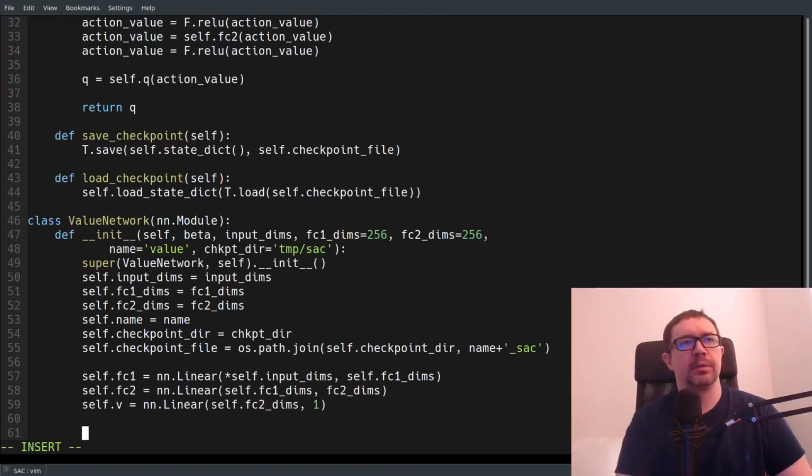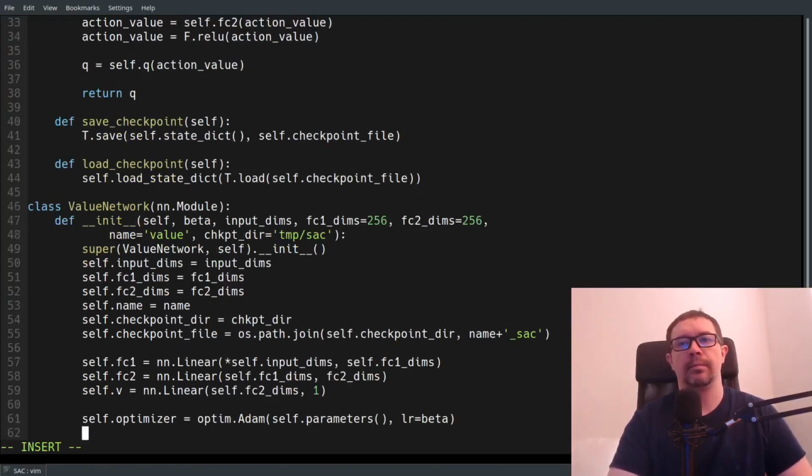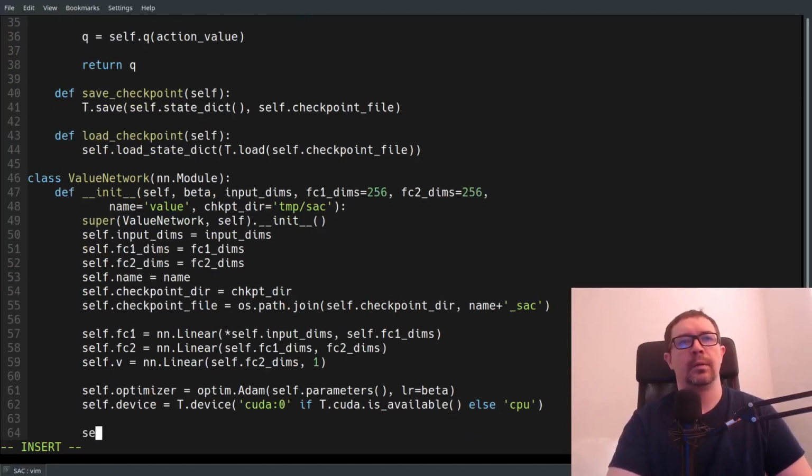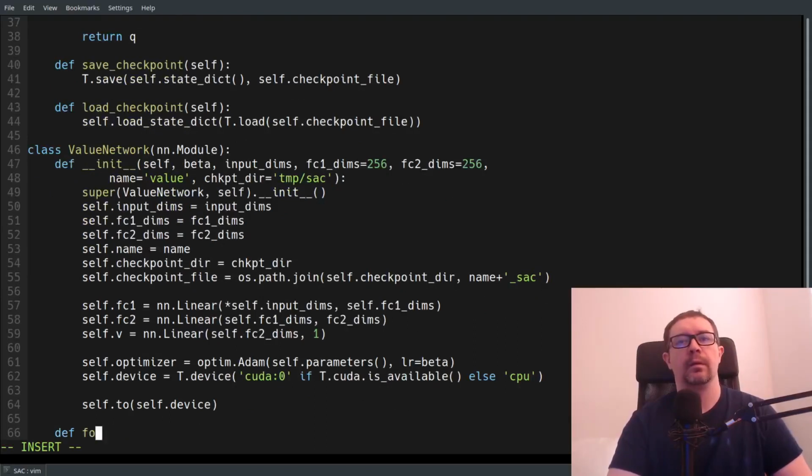And of course we also need an optimizer and device for this network as well. And then we'll send everything to the device.